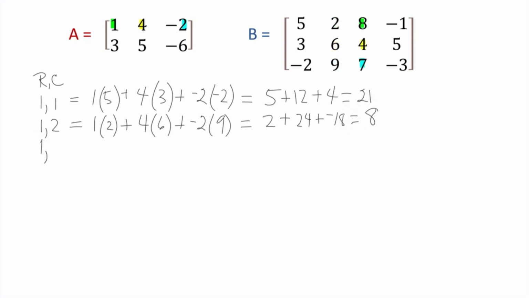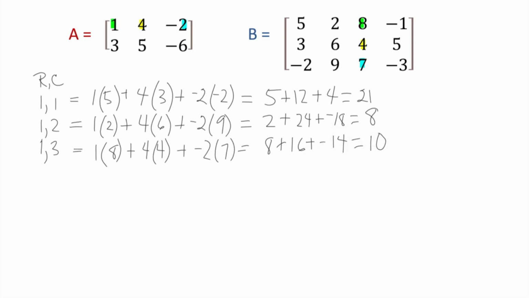Row 1, column 3 would equal 1 times 8 plus 4 times 4 plus -2 times 7, which equals 8 plus 16 plus -14. And that equals 10.